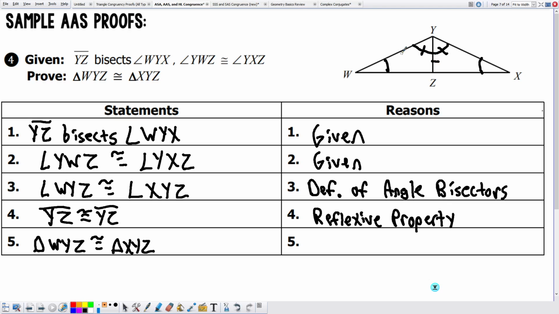So we note that we have an angle, another pair of angles, and a pair of sides that are congruent. Hence, we have angle, angle, side. Just count out angle, angle, then we hit the side. So it's angle, angle, side congruence. And that's it.